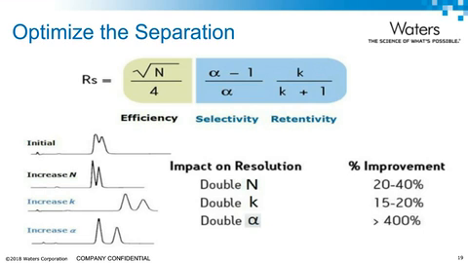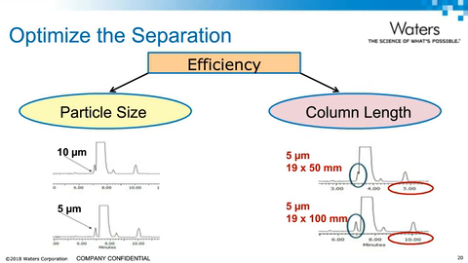The efficiency term can be governed by two things. This is the physical part of the resolution equation, and particle size and column length are the two things that will influence efficiency. Everybody knows that when we go to smaller particle size, we increase efficiency.